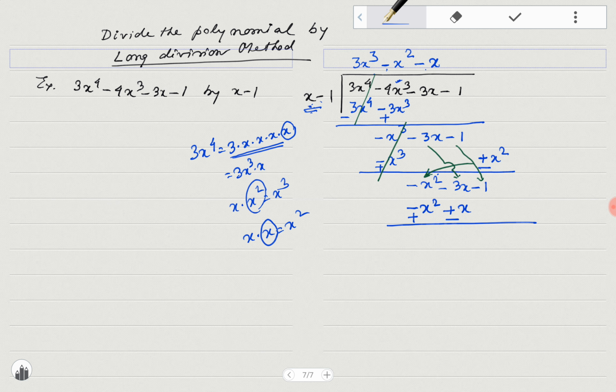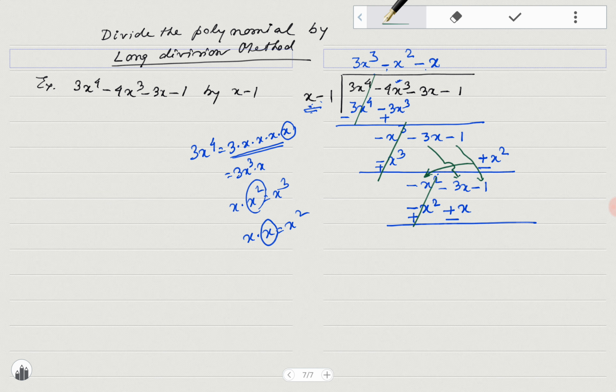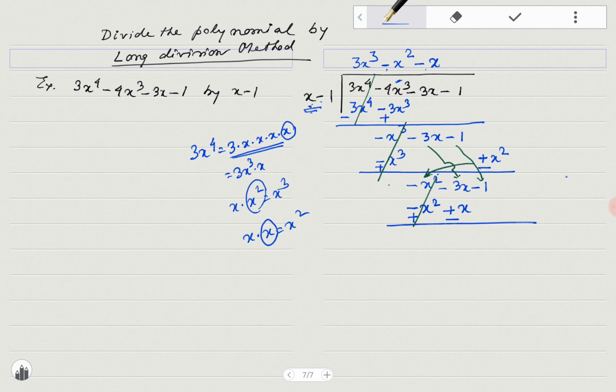This cancels out, and the remaining thing is minus 3x minus x. This gives you minus 4x, and this is minus 1.